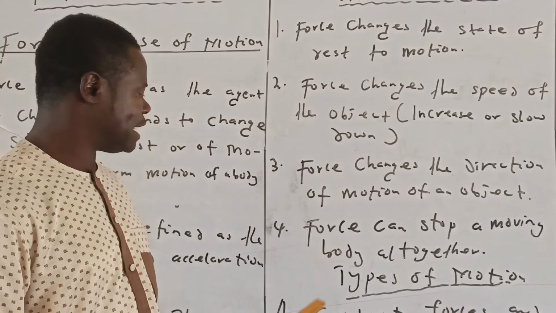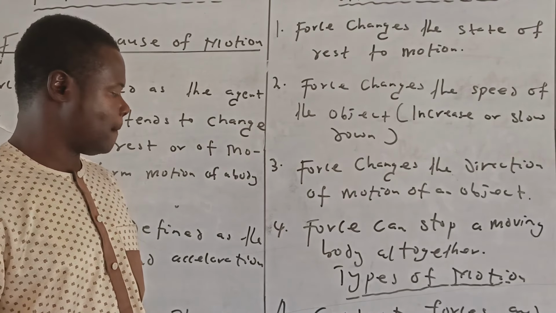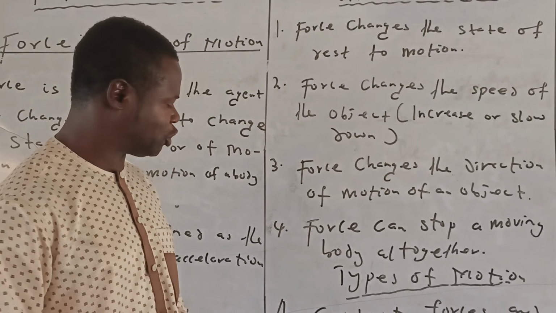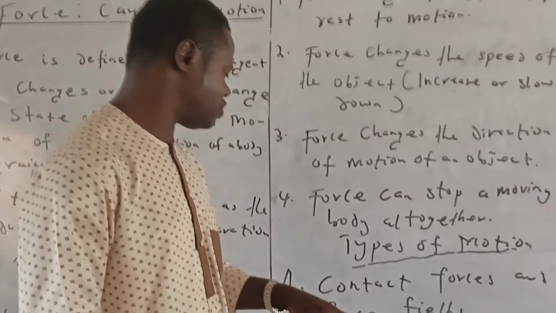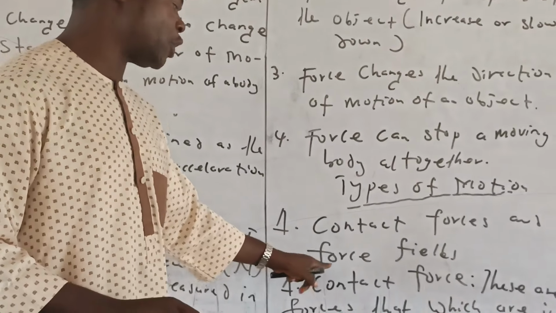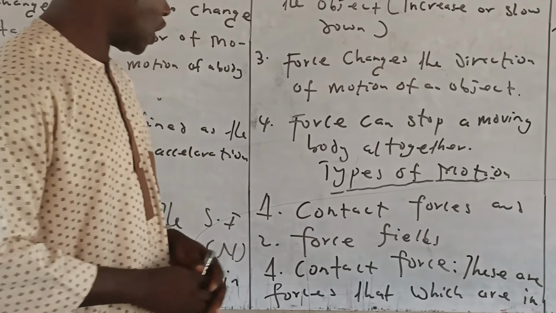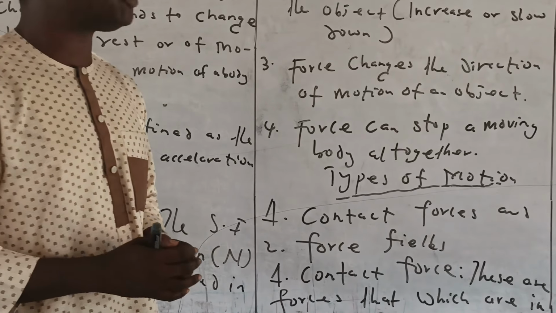Now we look at types of force. We have two major types of force. Number one, we have contact forces, and number two, we have what we call force fields. Contact forces. What are contact forces?